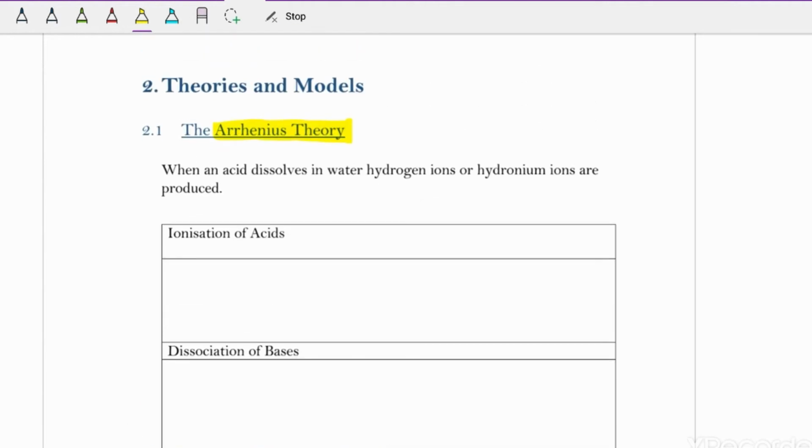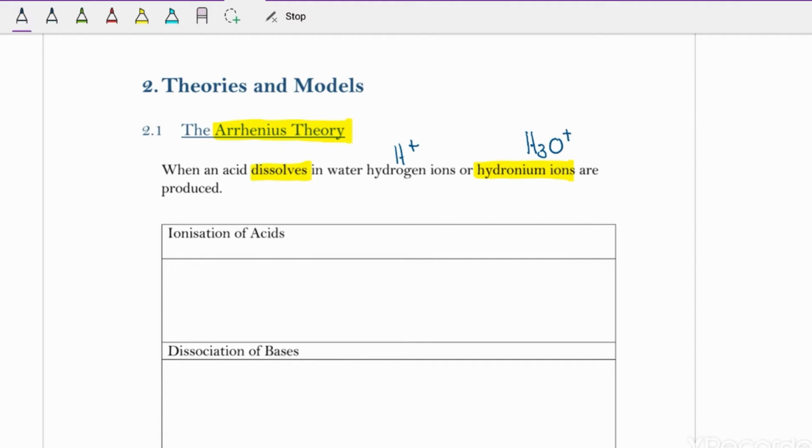Alright, so with the Arrhenius Theory, when an acid dissolves in water, so it's all about dissolving in water, you get hydrogen or hydronium ions being formed. So we've talked about this. You get hydronium ions or hydrogen ions produced in solution.